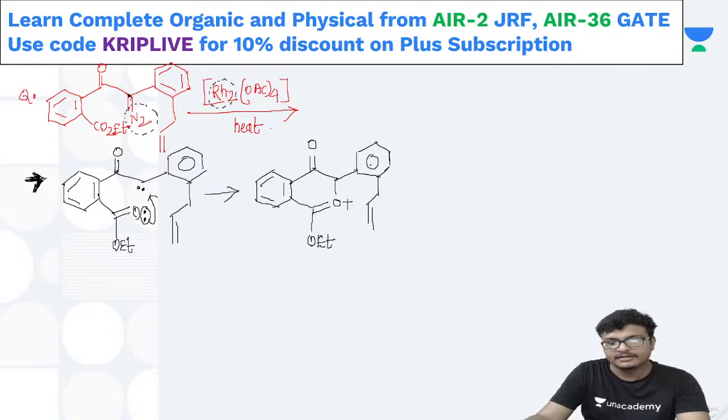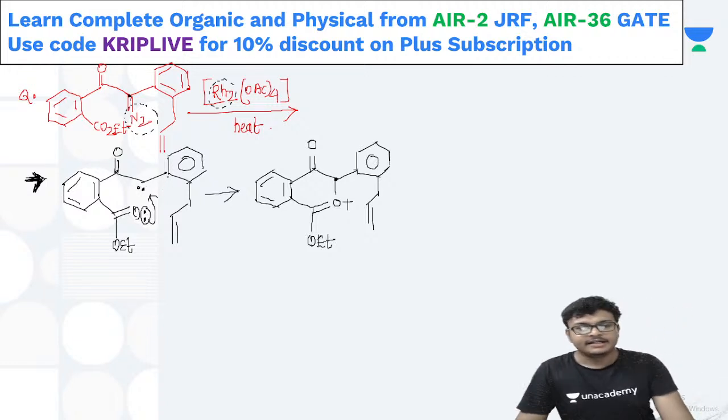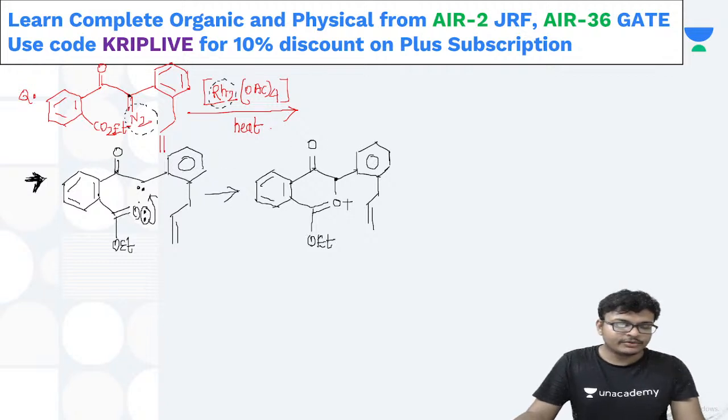So whenever you are having the molecule, what is the charge over this carbon? Carbon was electron deficient. Now it has accepted the electron. So whichever group donates the electron will get positive. Whichever group accepts the electron will get negative. So in this scenario, the negative charge will be coming.